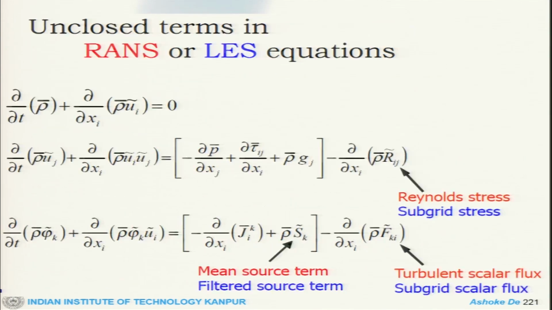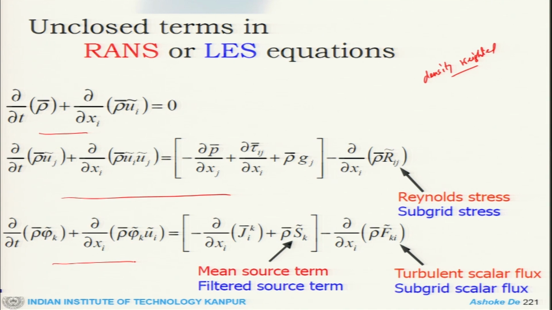So now when you again go back to the governing equations, whether it is RANS based, these equations are again density weighted: your continuity equation, and then the momentum equation, and the scalar transport equation.